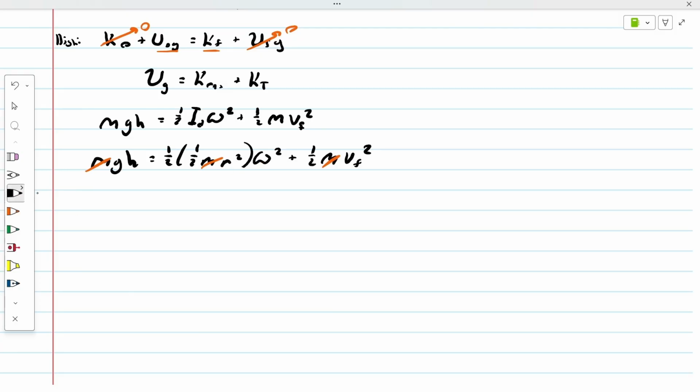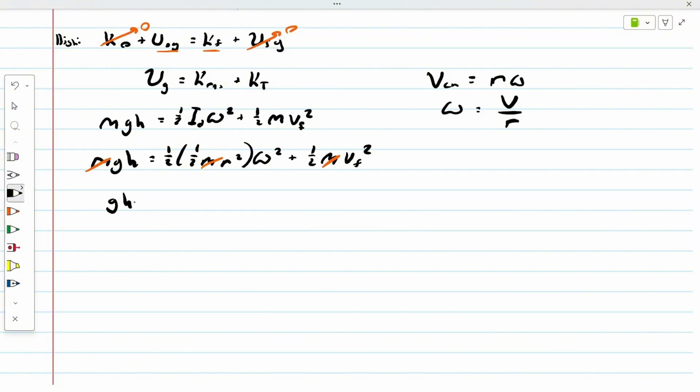And so we know, since we have this rolling relationship, we learn that the velocity of the center of mass, or the translational velocity, since it's not sliding, it's rolling, is just radius times this angular velocity. And so we can rewrite this as angular velocity equals the velocity over the radius. And so now we can start plugging those in.